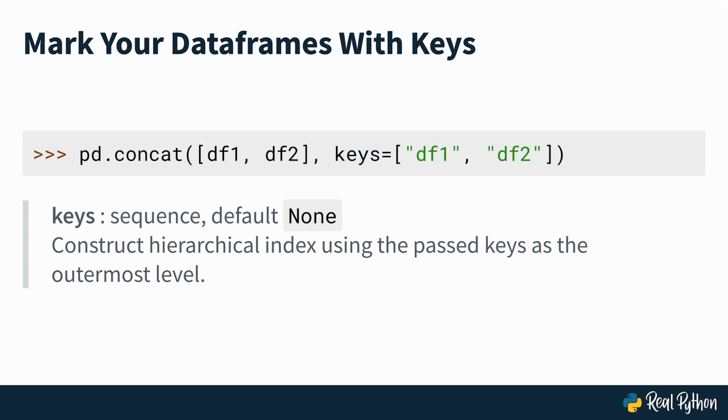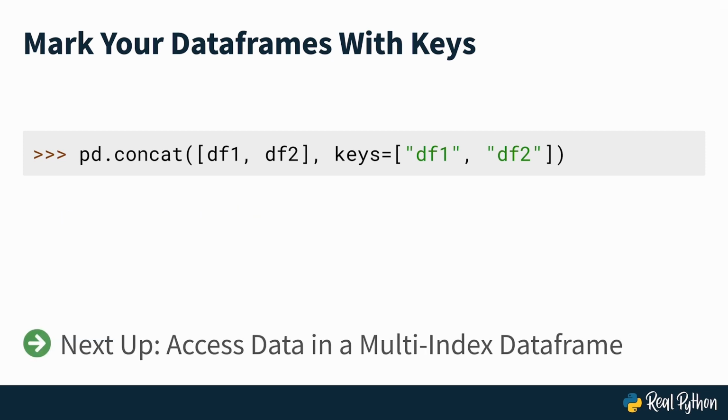And this constructs a multi-index data frame that you can then also use to access specific parts of the data frame despite duplicate labels. In the next lesson, you will learn how you can actually access specific data items in such a multi-index data frame, which means that you will take a quick break from the different arguments to pd.concat, stick with the keys one, and then just figure out what the advantages of actually using this are and which errors you would run into if you don't.